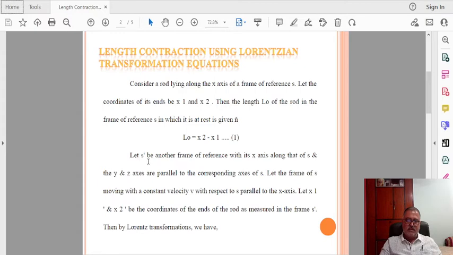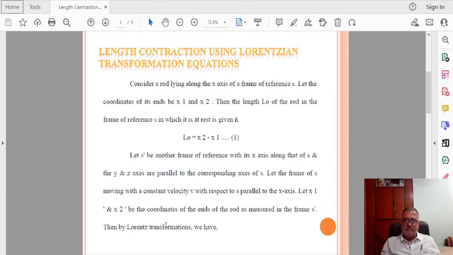Then we are considering another frame of reference, that is S prime, with its x-axis along that of S, and Y and Z axis are parallel to the corresponding axis of S. Let the frame S prime move with a constant velocity v parallel to the x-axis. Let x1 prime and x2 prime be the coordinates of the ends of the rod as measured in the frame S prime.